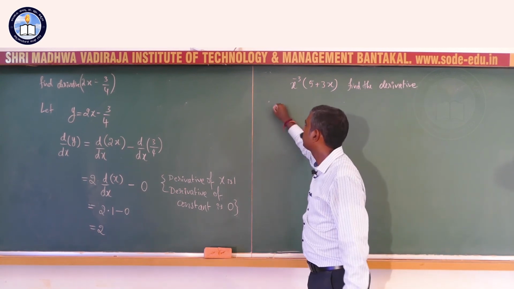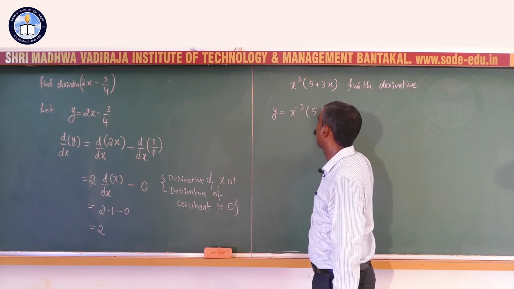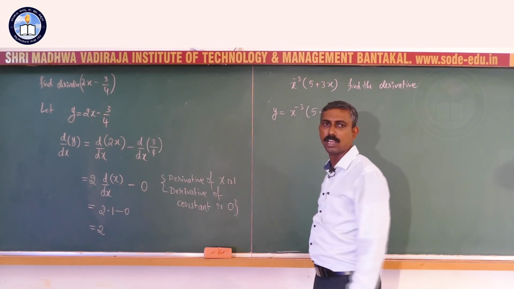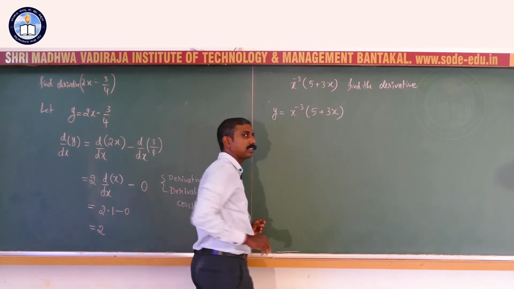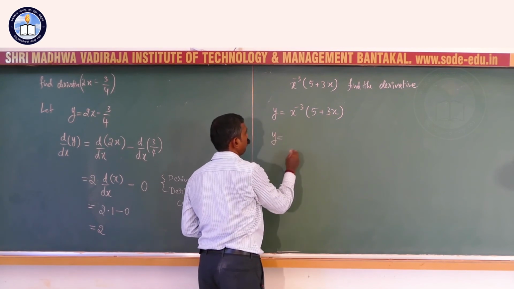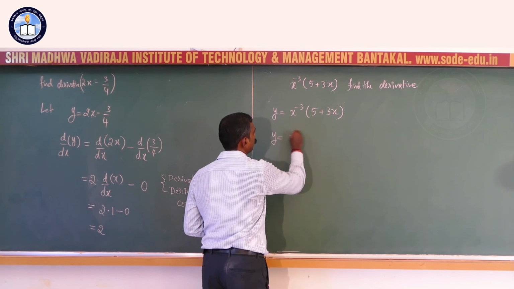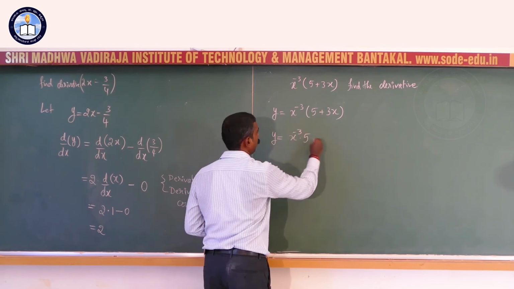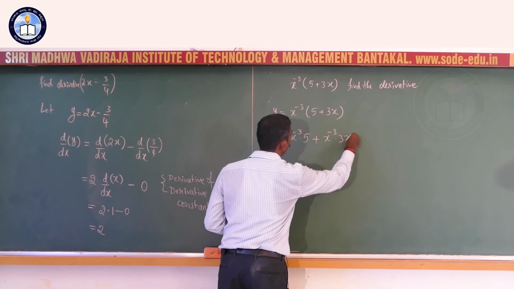Okay. As usual, you take y is equal to x power minus 3 into 5 plus 3x. Before differentiating, we see that we can multiply this inside. So, it reduces complexity. So, y is equal to x power minus 3 into 5 plus x power minus 3 into 3x.